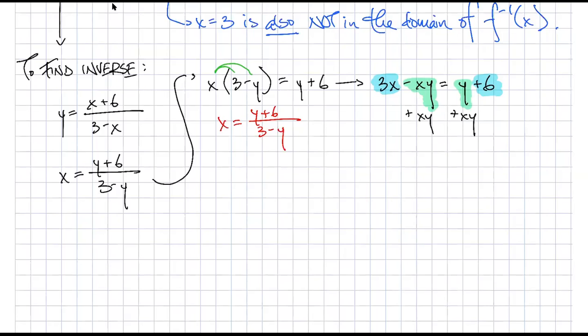Okay, so here's why I don't want to subtract the y. It's not mathematically wrong, and it's totally fine to do that. But if you add the xy and you subtract the 6, you'll end up with mostly positive terms. You'll get 3x minus 6 equals y plus xy.